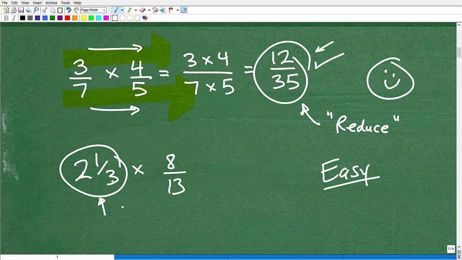So 6 plus 1 is 7/3. So I just change that over to 7/3 times 8/13, and then I would multiply across just like we just did in this particular problem. Okay, so again, fractions have a lot of little twists and things like reducing or improper fractions, etc., etc. But we're going to keep it easy, and let's keep the flow going here.